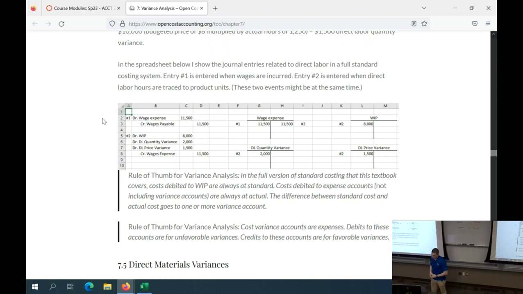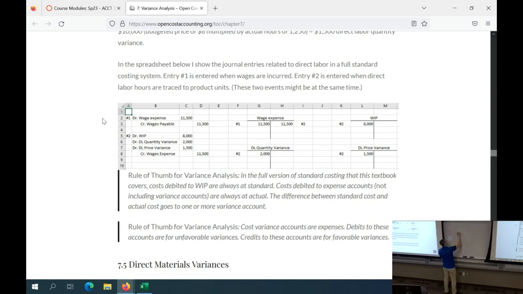That's the way we're going to do standard costing in this class. You can technically do it different ways. So I'll lay it out real quick here.